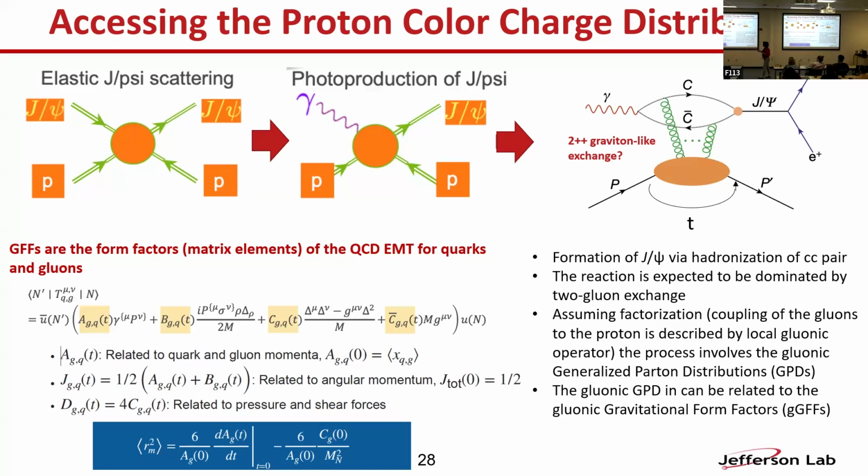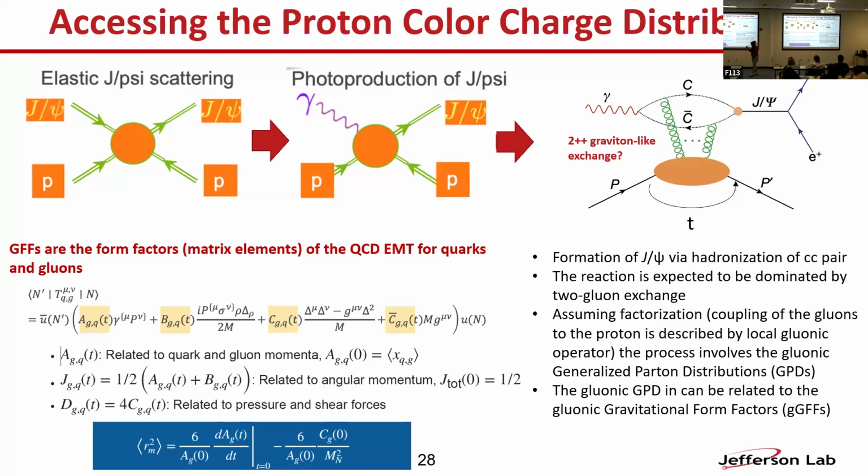You can see the photoproduction of the J/psi using this diagram, right? We have a real photon, which interacts with the proton, and in the final state, I have the production of the J/psi and the intact proton.